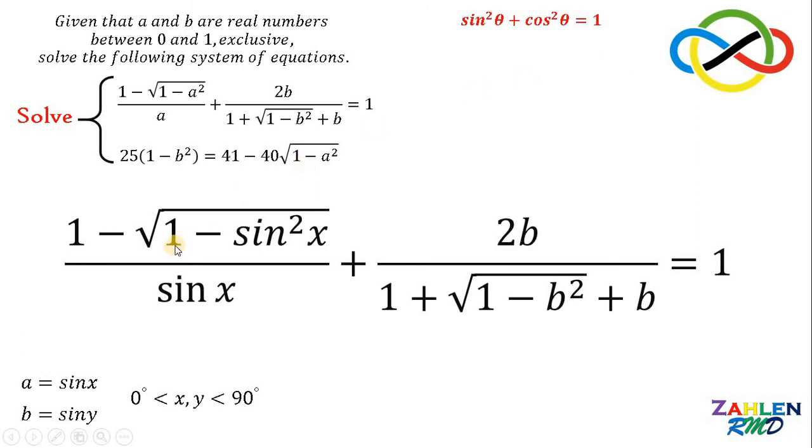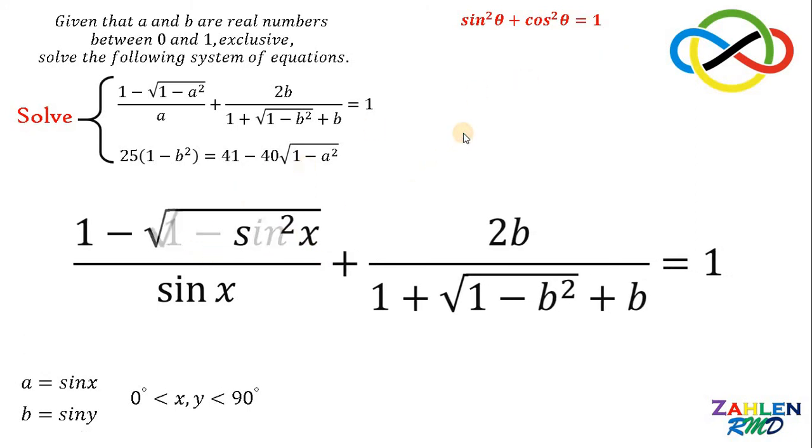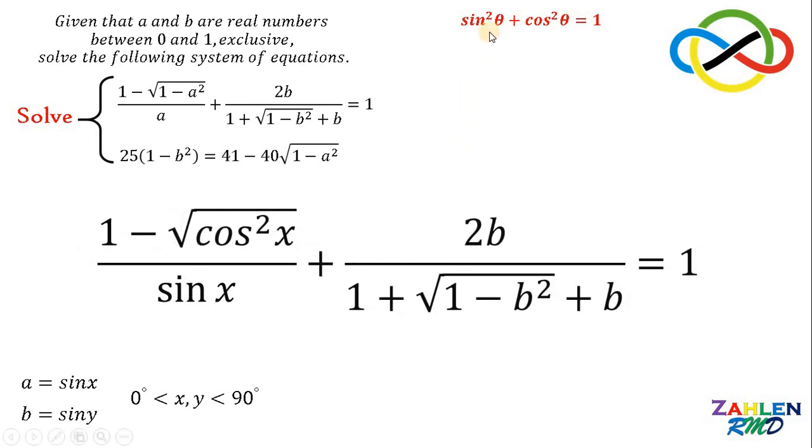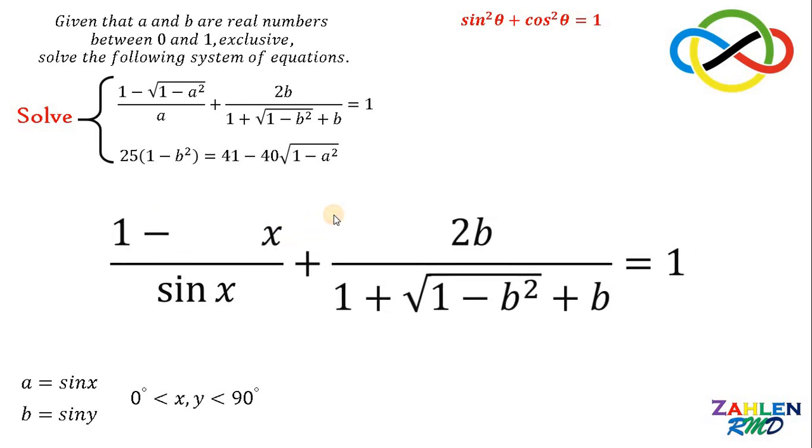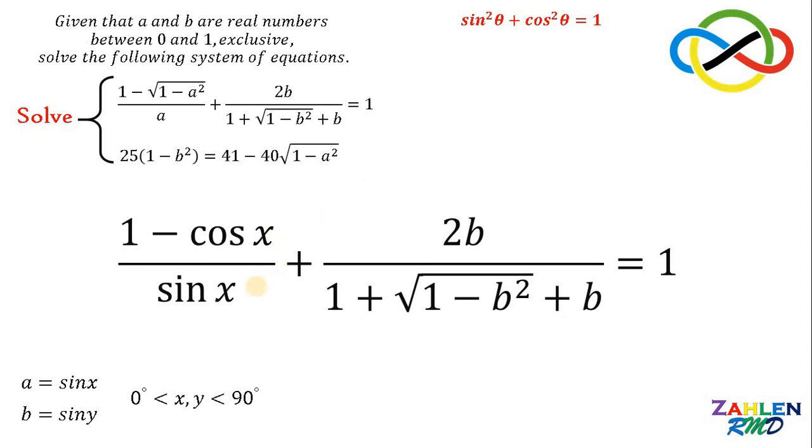It follows that 1 minus sine squared x equals cosine squared x. If we subtract sine squared theta on both sides, we have cosine squared theta equals 1 minus sine squared theta. And now, notice that square root of cosine squared x is the same thing as cosine of x. Thus, this term simplifies nicely.